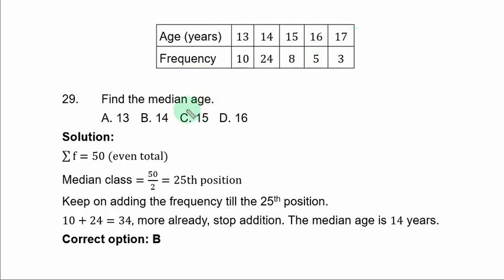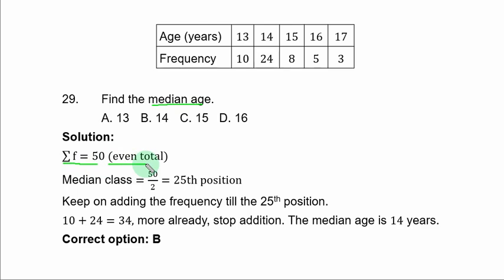Question 29. Find the median age. All we have here is grouped data. So to get the median, first you add the frequencies, and from 28, the sum of frequency is 50. 50 is an even total. If it is odd, you add 1 to it.